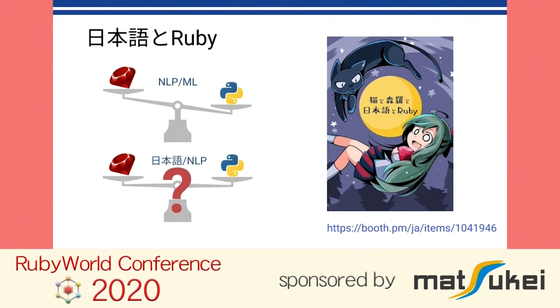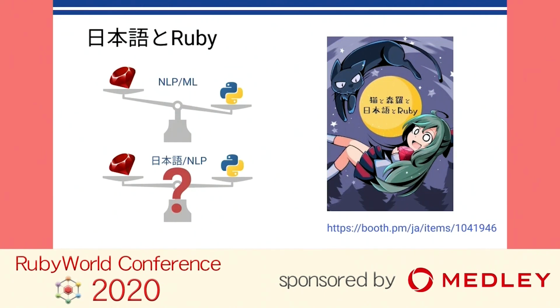So our product is about NLP, or natural language processing, and machine learning, ML. We developed the software. But as mentioned earlier, in these fields, Python seems to be a bit more advantageous. That is because of its track record.